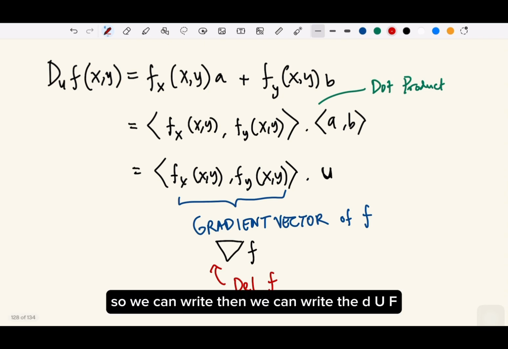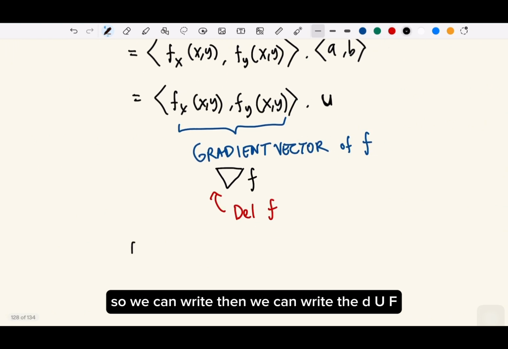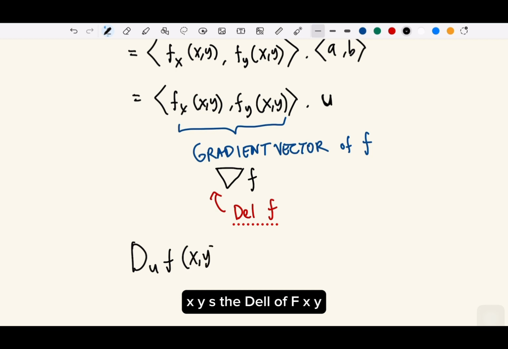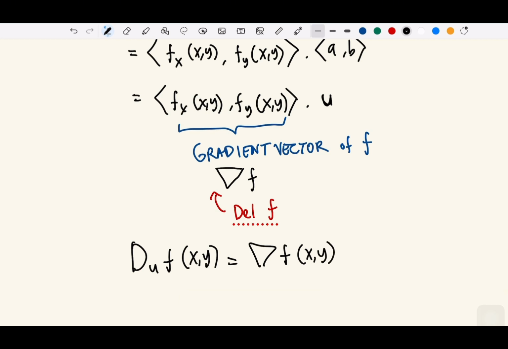So we can write the directional derivative D_u f of x, y as the del of f of x, y dot u.